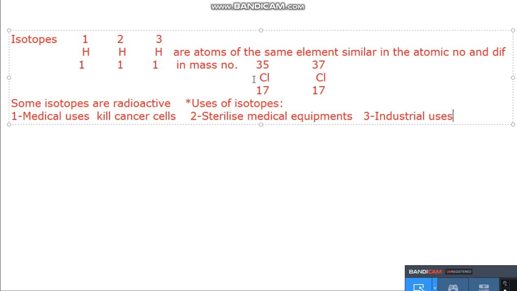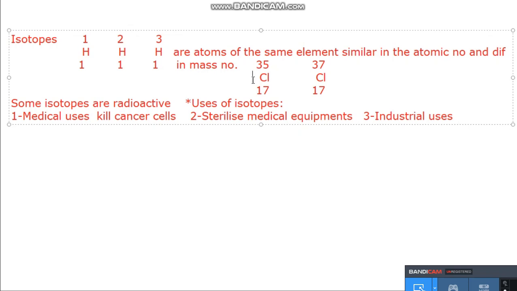Disadvantage. The uses of harmful isotopes? No, not harmful. We are talking about the uses of isotopes. When we talk about uses of isotopes, we talk about using them in useful fields, not in harmful fields.